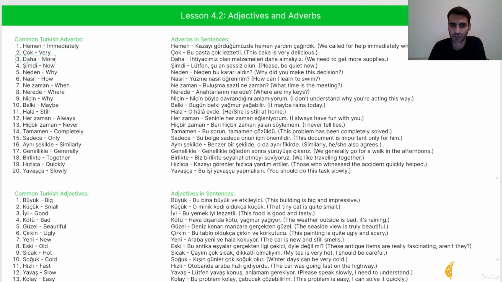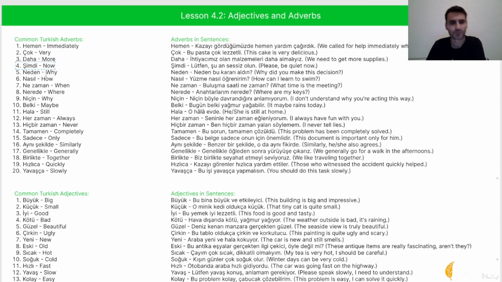What is çok? What is daha? Daha means more. Çok means very. Hemen means immediately. I didn't know for a long time what adjectives and adverbs were. I didn't have any problems with this, because I talked amazing in Turkish.